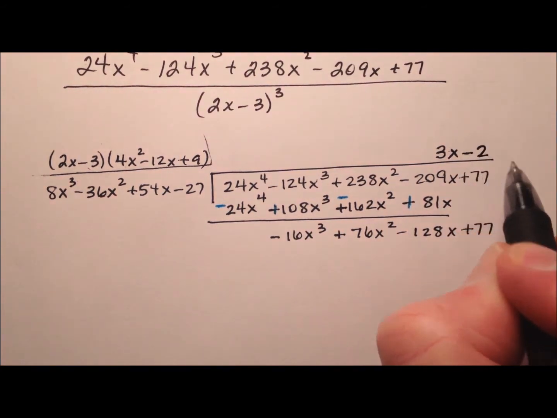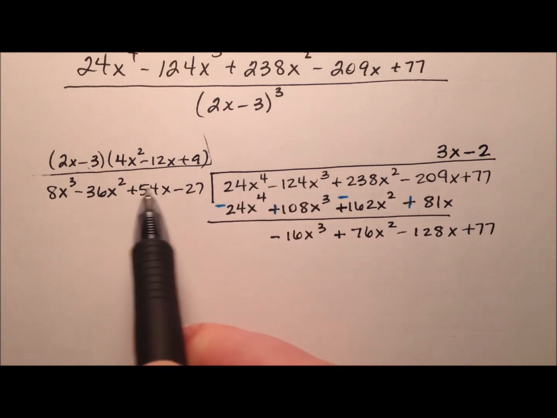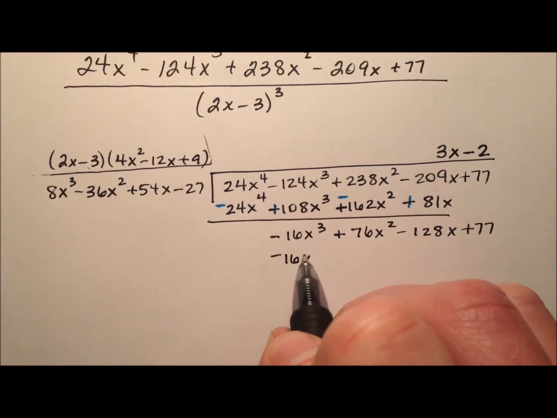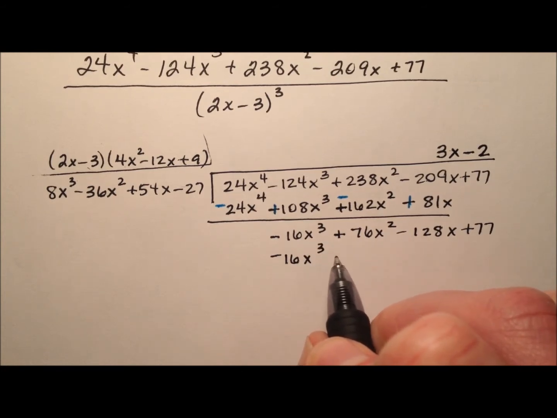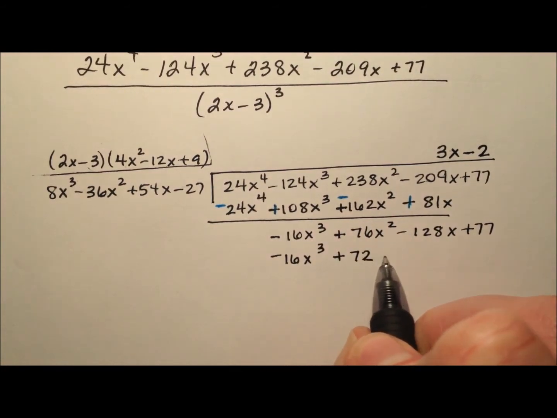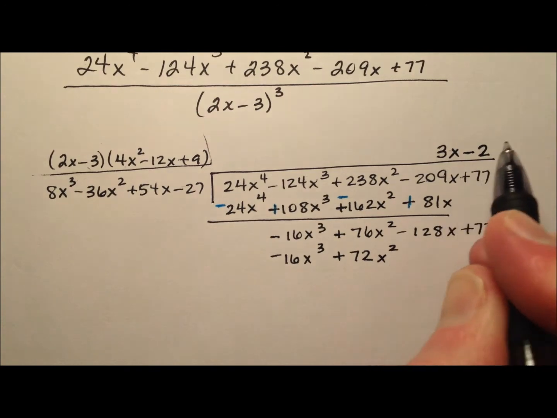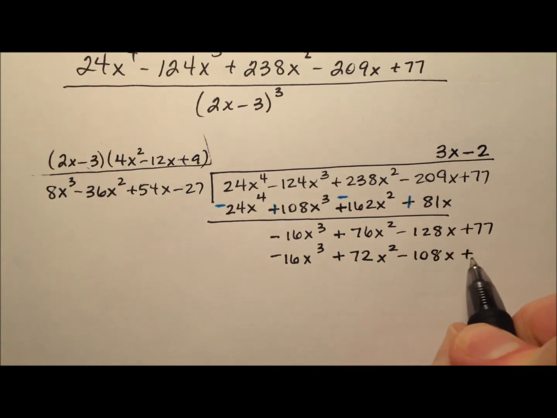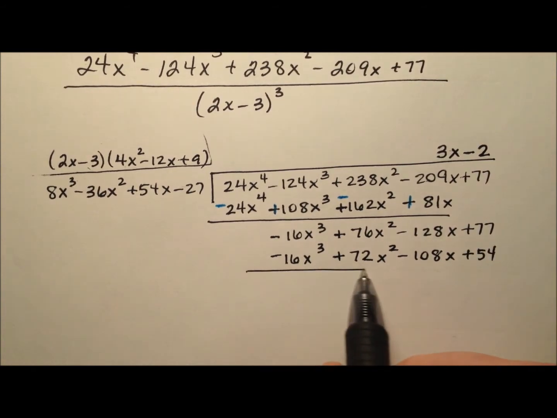Well, just negative 2. So let's run that negative 2 through here. And it looks like negative 16x cubed, let's see, plus 72x squared, and minus 108x, and a positive 54.